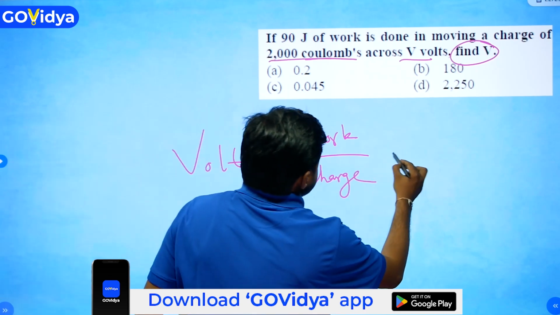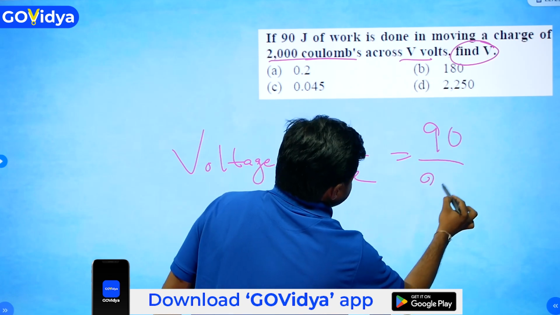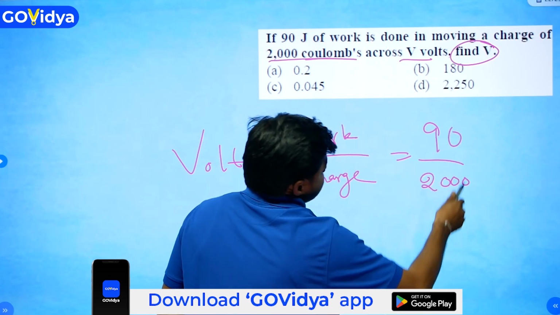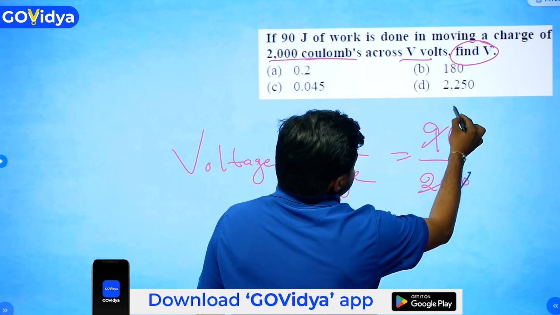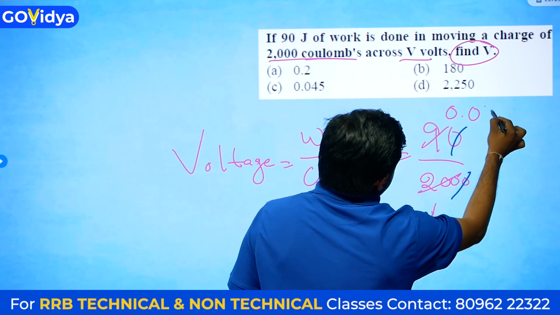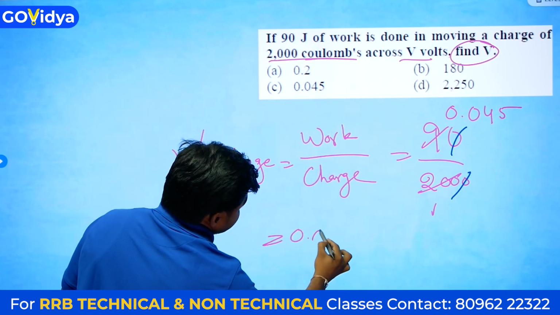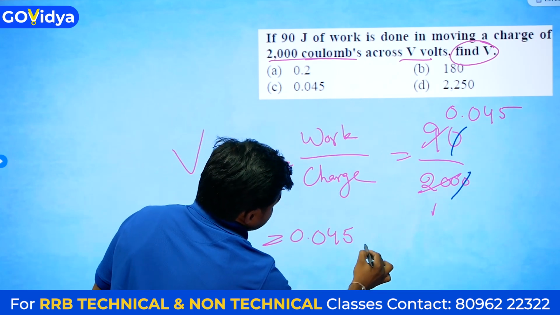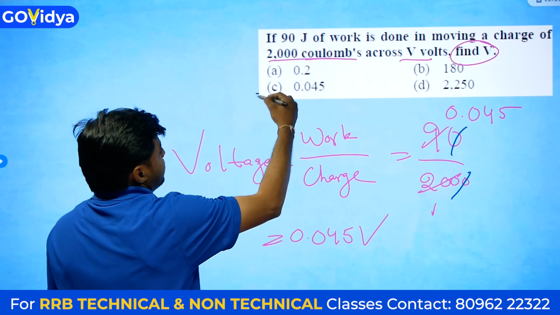Work is given, work is 90 joules and charge is 2000. Okay, 0 will cancel, 200 ones are 200, 0.045 will come. Okay, voltage is equal to 0.045 volts. Okay, from the options, option C is the correct answer.